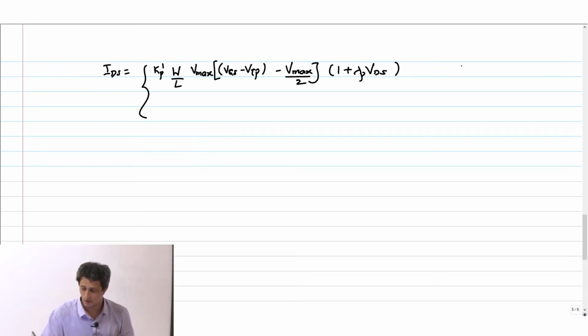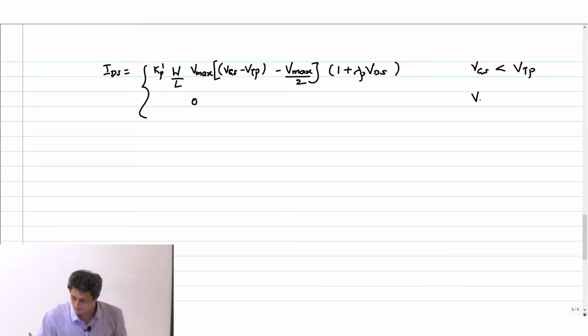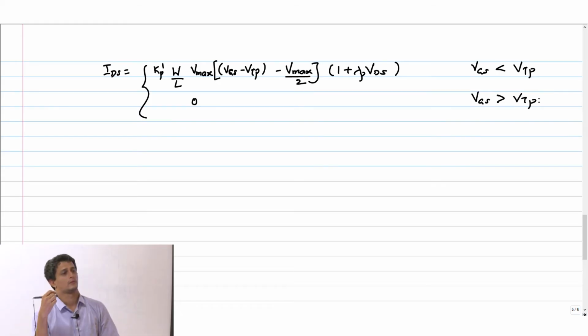This is if VGS is less than VTP, and it is 0 if VGS is greater than VTP. There is no current through the PMOS transistor if VGS is positive or has not yet inverted the channel.